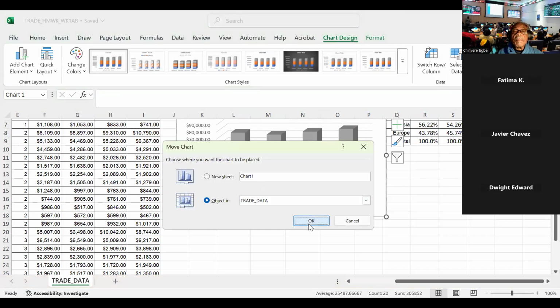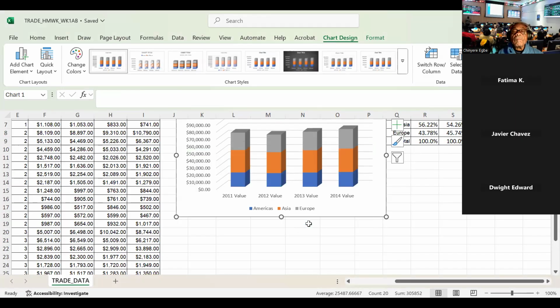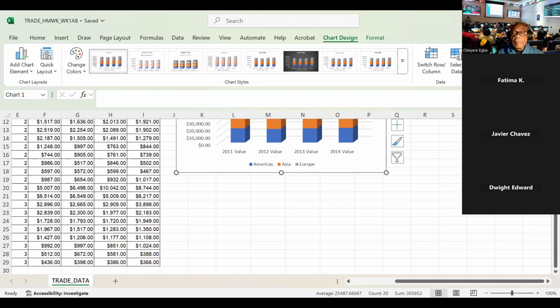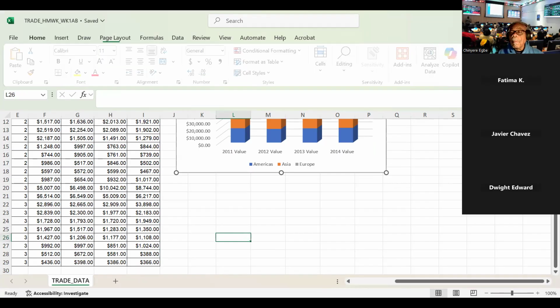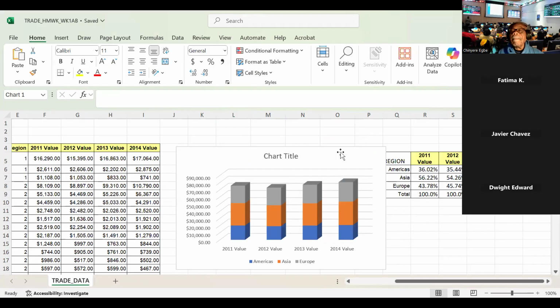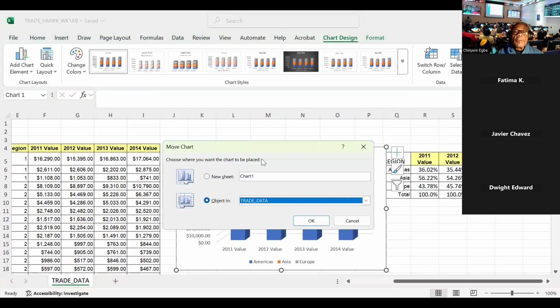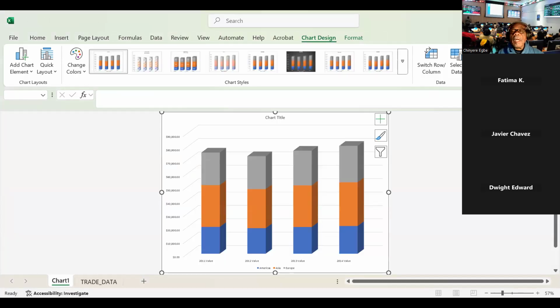You have to label your chart properly. And your chart gets into a separate chart. Are you able to see that now the chart has moved into a separate, what do you call it?